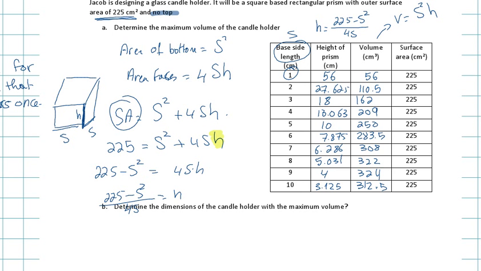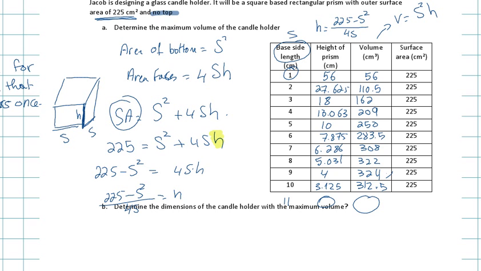What happened to the volume? The volume started to go down, right? So if I keep going, if I put an 11 here and find that value, the volume is going to be even lower than 312. So you see in this case, the volume was increasing until you reach a value here, and then it stopped increasing and started decreasing.